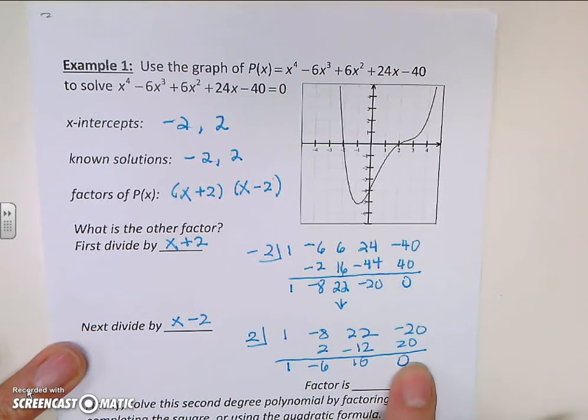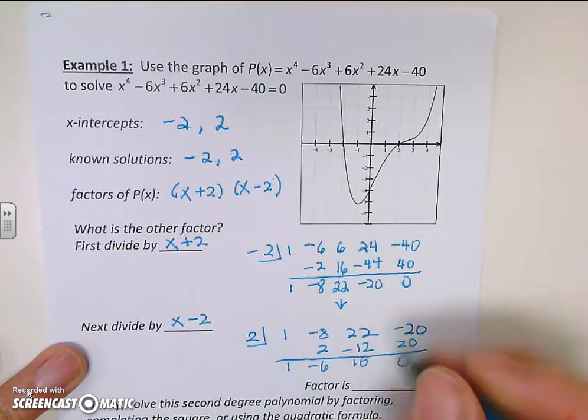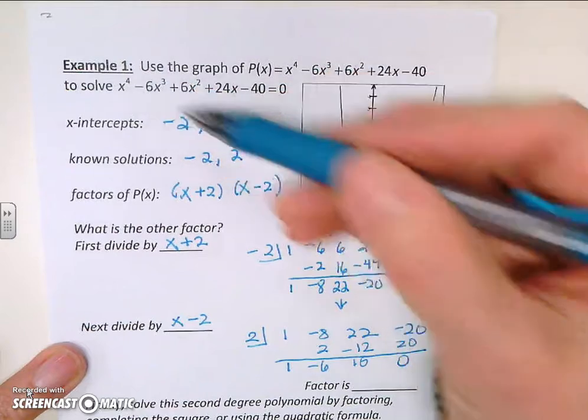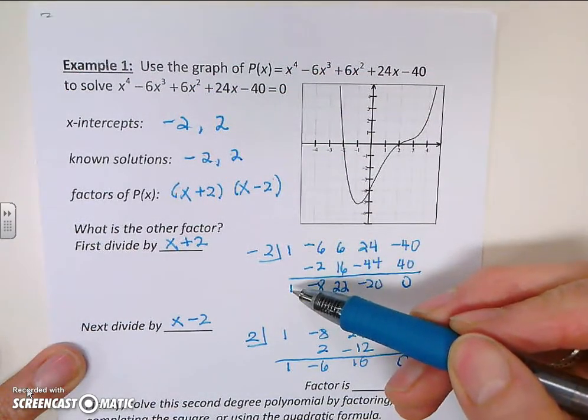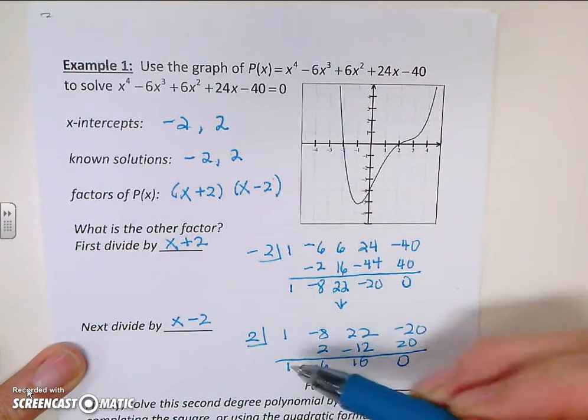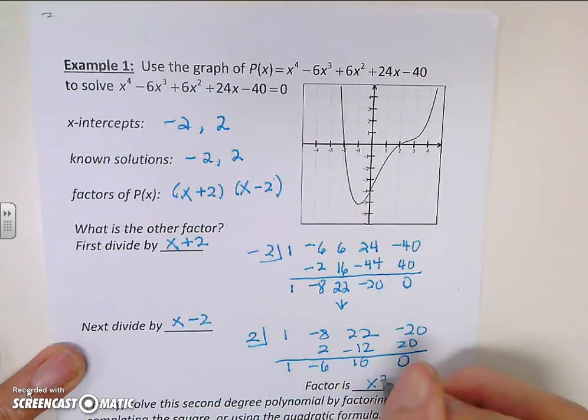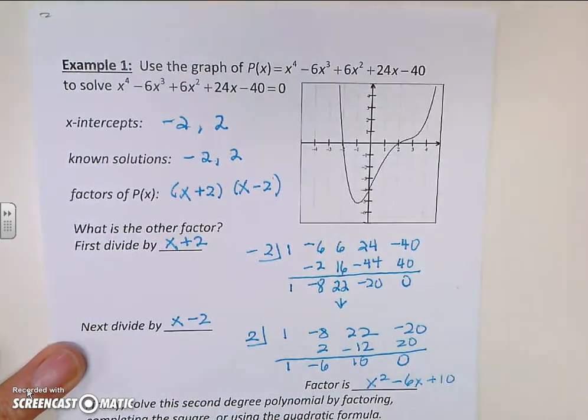If I didn't get a 0, then I made a mistake. All right, so then my new factor, I'm going to write this down: if this started with x to the 4th, this dropped to x to the 3rd, this is now x to the 2nd. So I have x squared minus 6x plus 10 for my third factor.